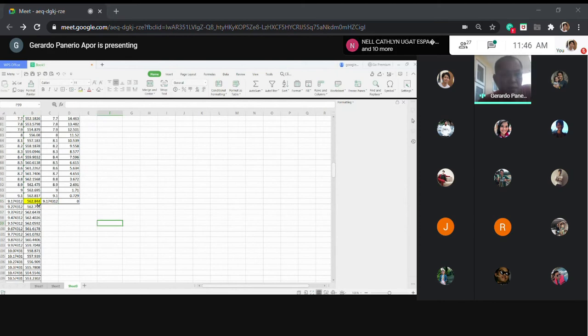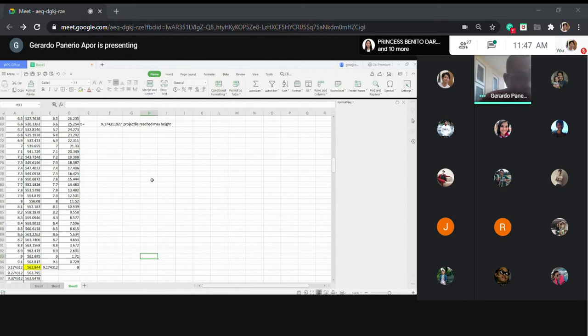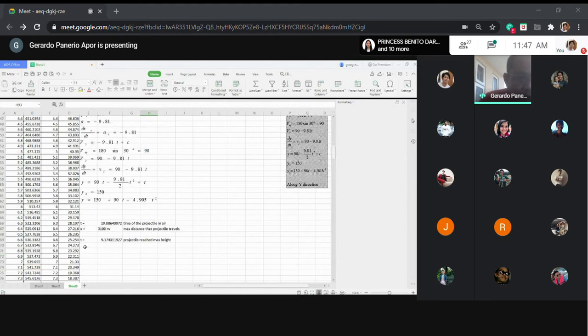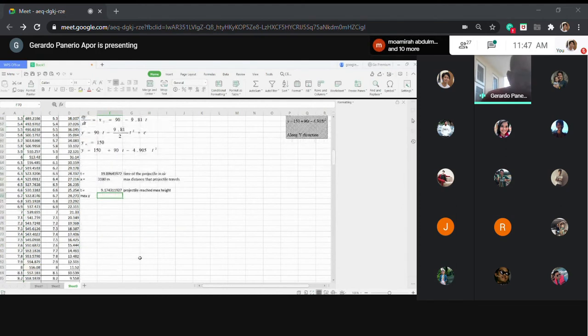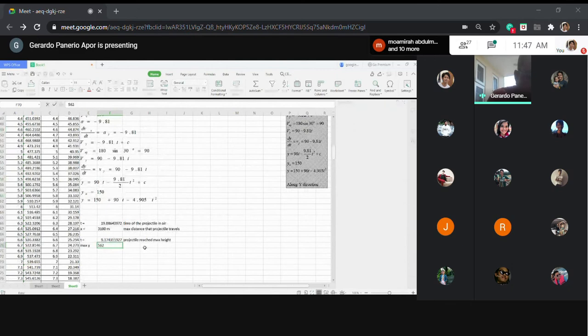So maximum height. Okay, so max y is equal to 562.844 meters. Okay.